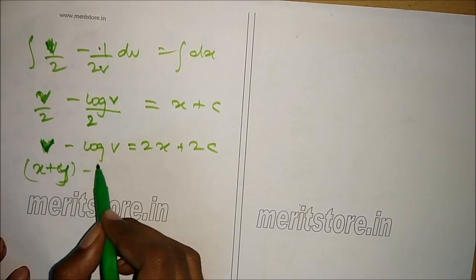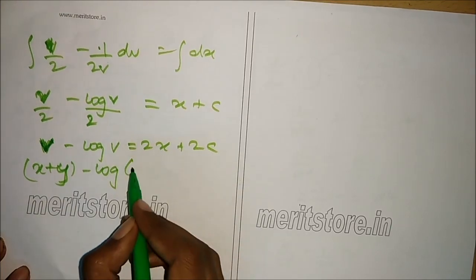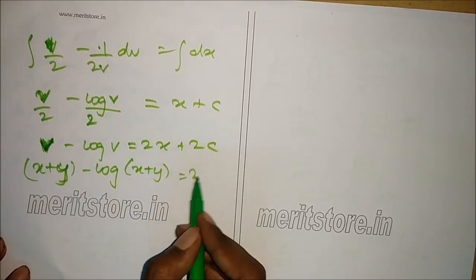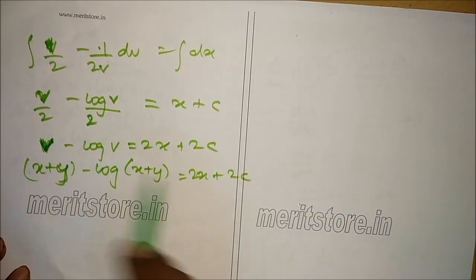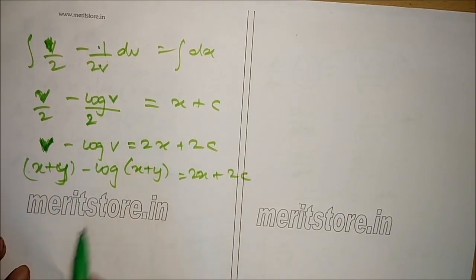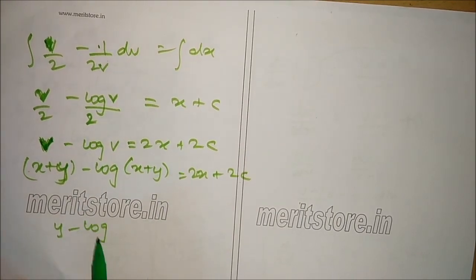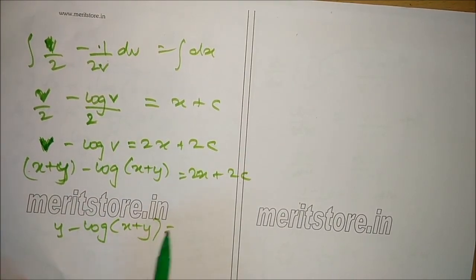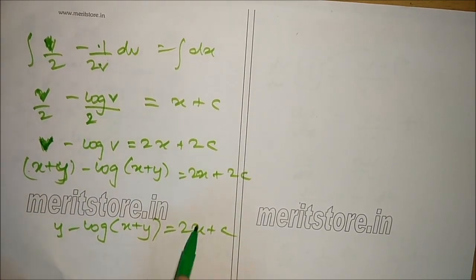So v was x plus y. So this will be x plus y minus log of x plus y equals 2x plus 2c. So there is x on both sides, so x gets cancelled. We're left with y minus log of x plus y is equal to x plus c.